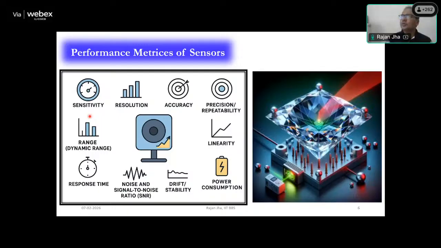It can monitor the human body temperature to one decimal place, like 98.6 degrees Fahrenheit, or accordingly you can convert into Celsius. What I'm trying to tell you is how sensitive a device is, that is, what is the rise in, let's say, the mercury level with the change in temperature. This is how you define sensitivity.